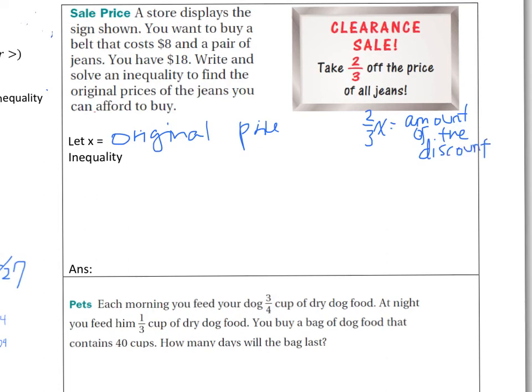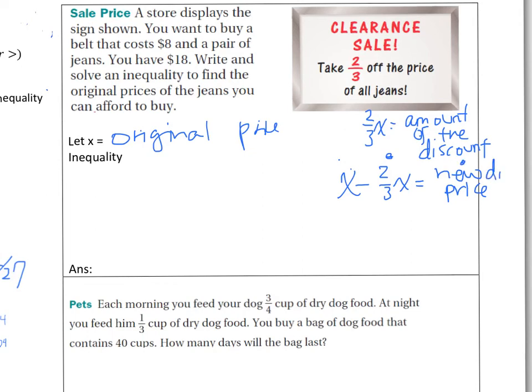Okay? And if I do X minus 2/3 X, it would give me the new price. X is the original price, original minus the discount gives you the new discounted price.